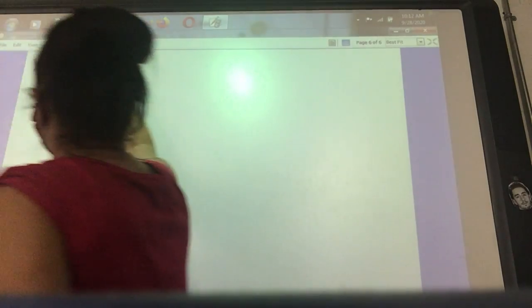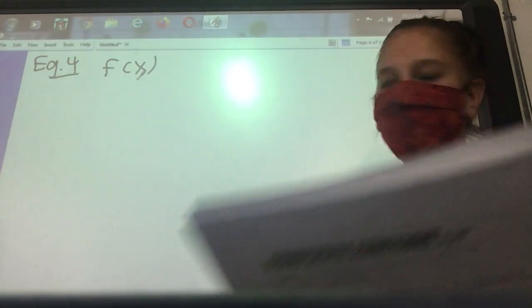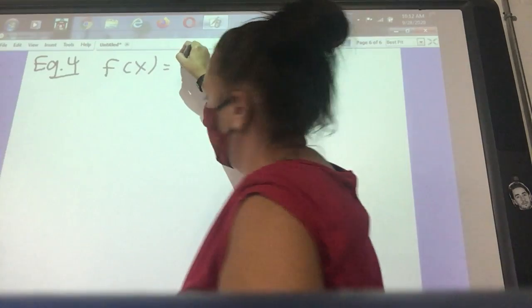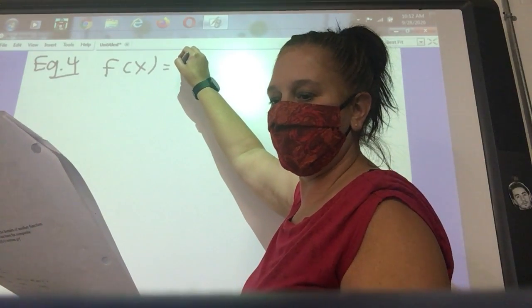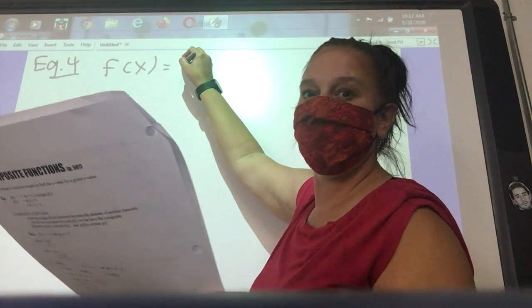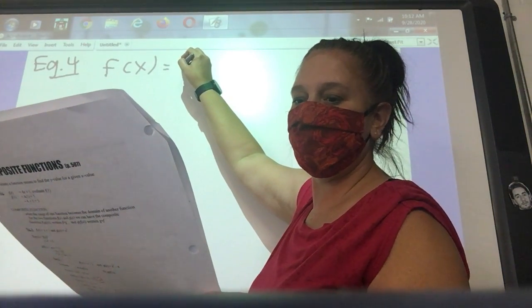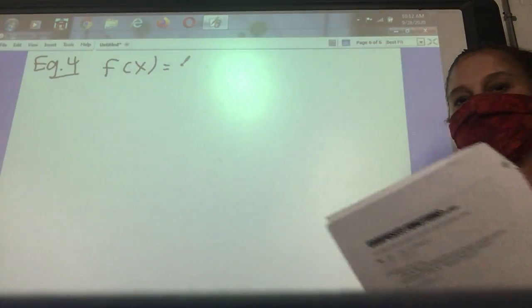So again, we have 2 functions. The f function, where are we at? And the f function for example 4 is given.